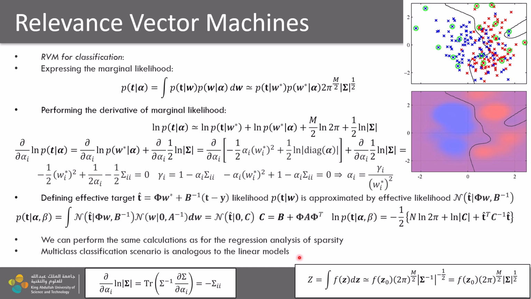And finally, you can see the outcome of these relevance vector machines, where the individual points circled in green show which points remained, associated with a particular feature. We have a radial basis function type of kernel, and many of them are pruned out, and we end up with a sparse representation which performs a very good job in classifying these two classes.